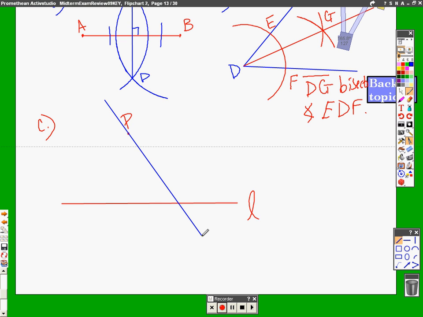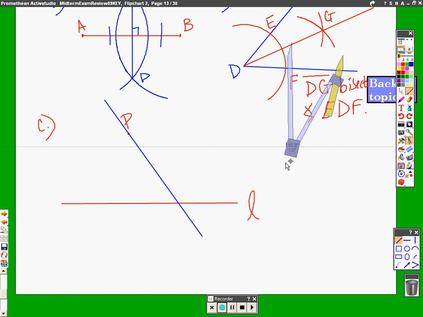We then attempt to copy one of these angles that we have with our line and line L. One of these angles we're going to copy up here to point P. I'm going to copy the big angle.